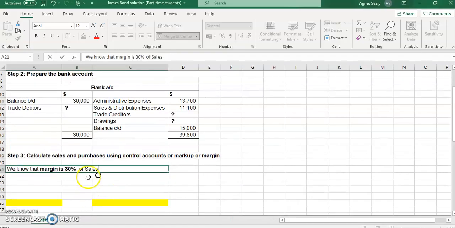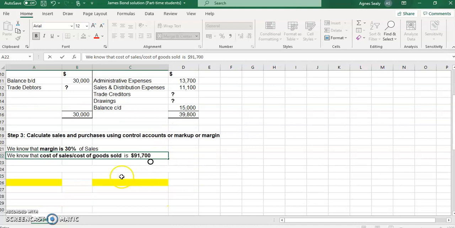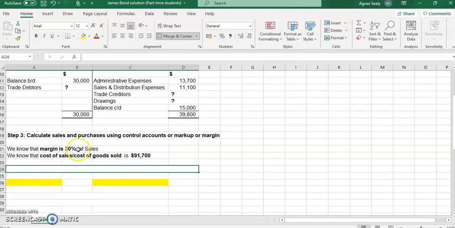So let me make a note of that. We know that cost of sales, or in other words, your cost of goods sold, is $91,700. So because we know our margin and we know our cost of goods sold, we know costs.